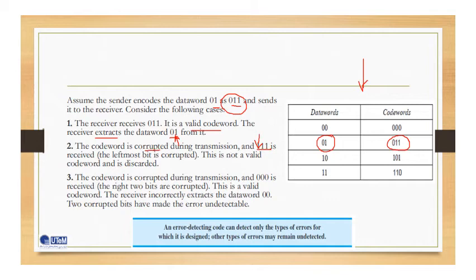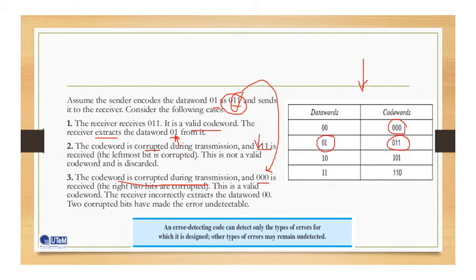The third case: the code word is corrupted during transmission. The 2 bits 11 over here have changed to 00. So when the receiver receives 000, it will check the table. 000 is in the list. So what action will be taken by the receiver?